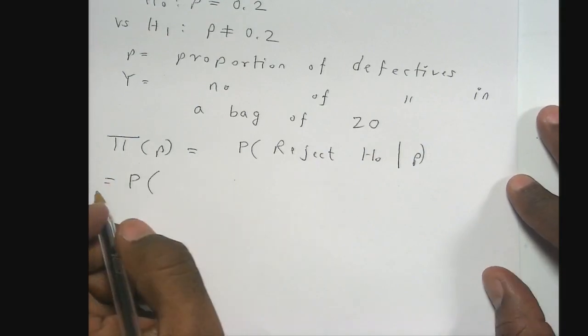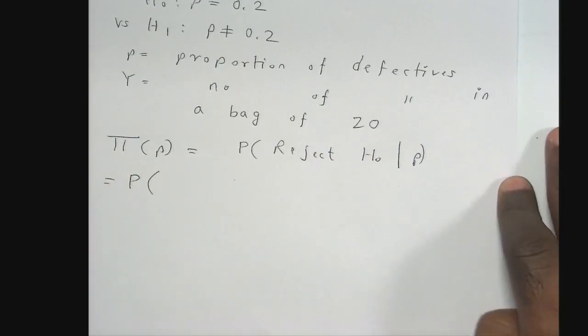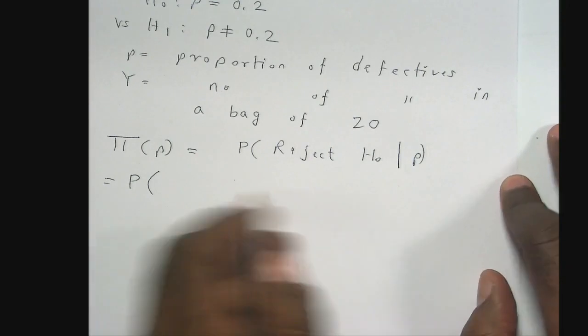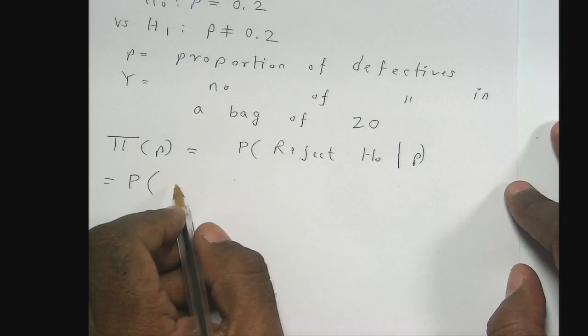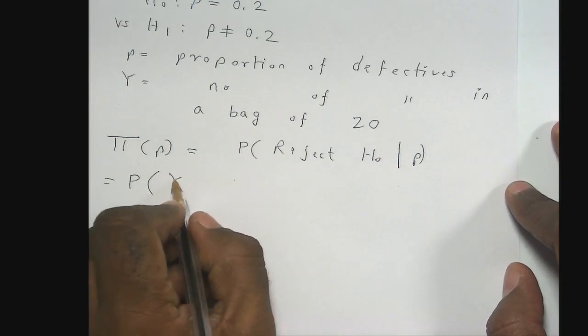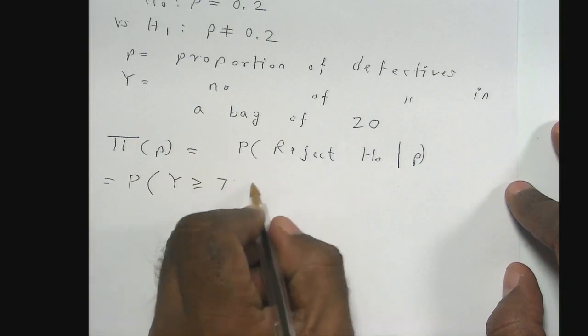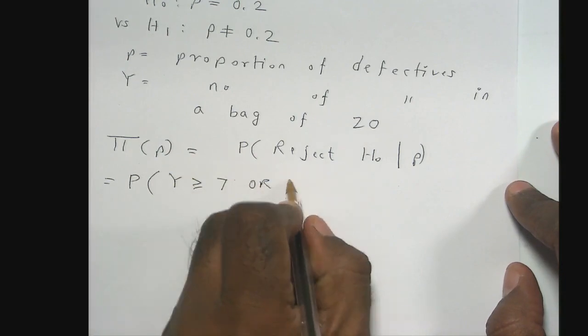You got the sheet in, everybody has a copy of the sheet? What does it say? We reject H0 if what? Read the question guys, please. Y greater than or equal to 7 or less than or equal to 1.